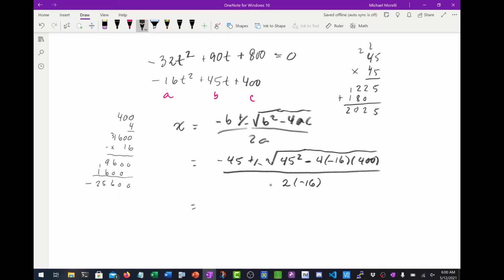So here's what we have: negative 45 plus or minus the square root of 2025 minus negative 25,600. That's really like a big plus symbol in there. And then this is negative 32. So now I have to add 2025 to 25,600.